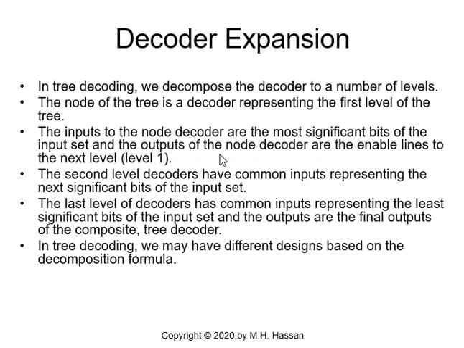The outputs of level 1 are enable signals for level 2, and so on and so forth, in a tree, until we get the last output. So in tree decoding, we have different designs, and we have to decompose based on the availability of chips.